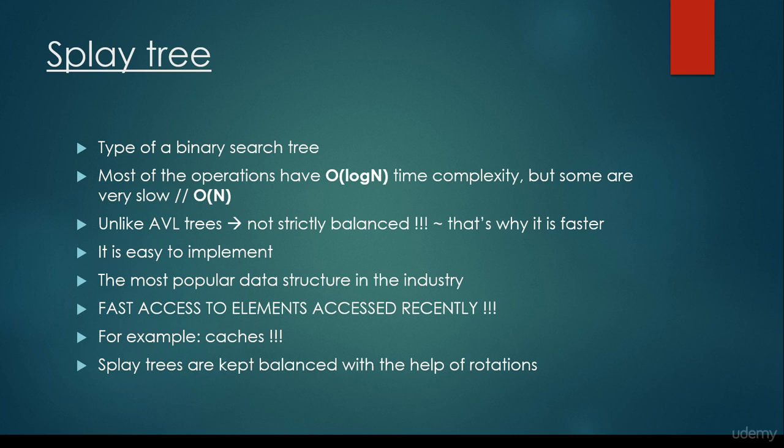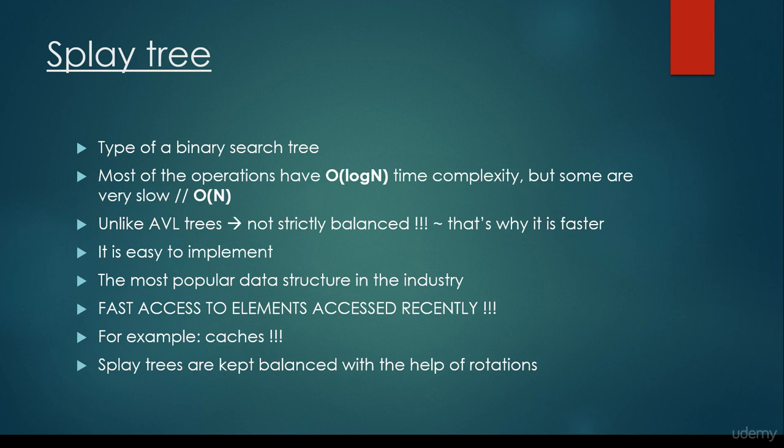So most of the operations have O(log n), so logarithmic time complexity, but some operations are very slow. Unlike AVL trees, it is not a strictly balanced data structure, so splay trees are not as balanced as AVL trees, but that's why it's going to be faster, because it's going to take a lot of time for AVL trees to make it as balanced as possible on every insertion.